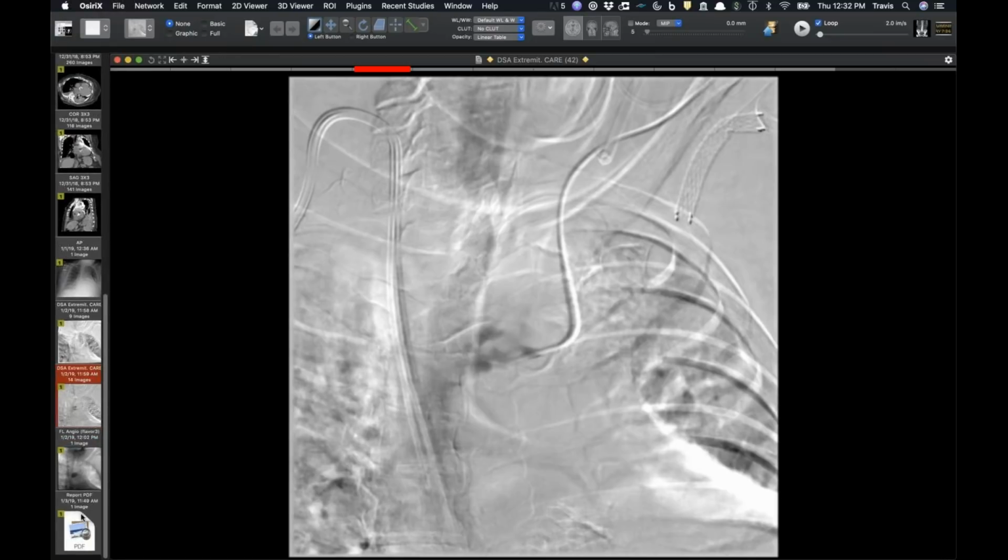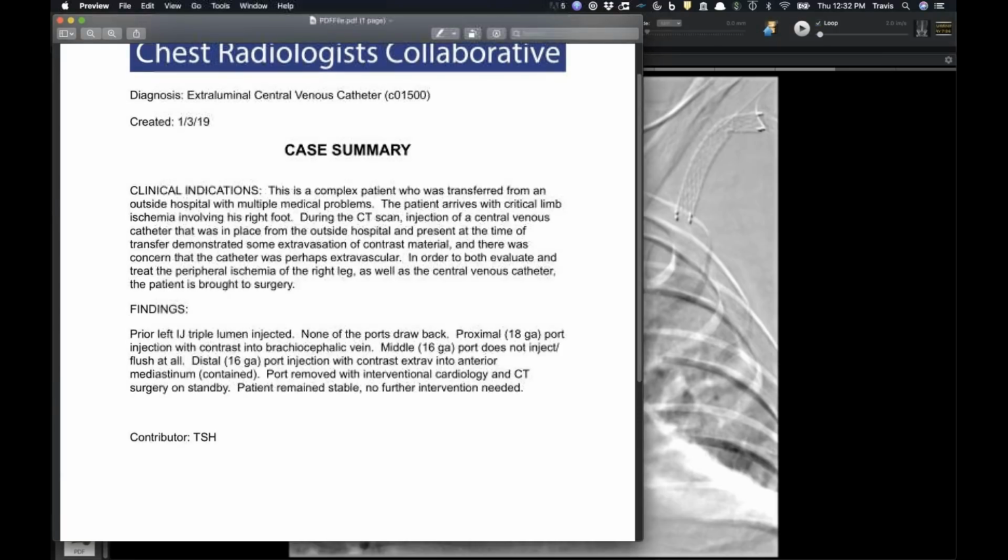If you look at what they described, the proximal port was okay, the middle port didn't do anything, and it was only the distal port that was extravasating into the anterior mediastinum. So this was a partially extravascular catheter. Whenever they placed it, I guess they must have just checked with the proximal port and that it was flushing okay. So that was right in the wall of the vessel.